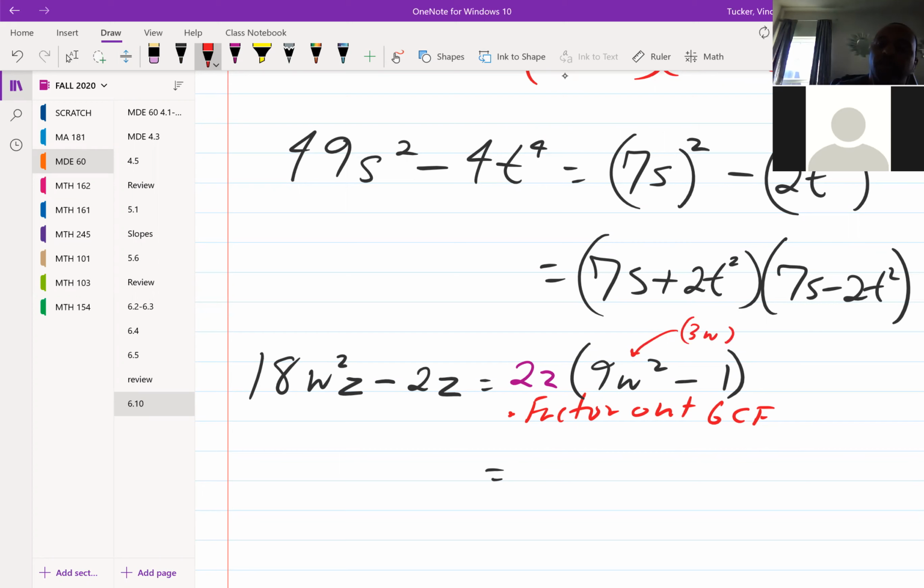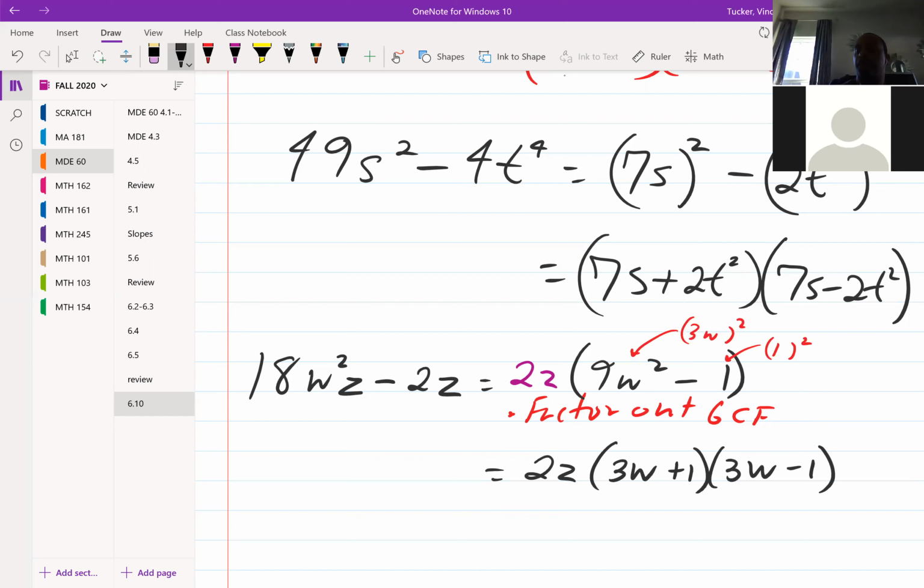That's 3w squared. And then 1 is just 1 squared. So my complete factorization, that 2z is a part of your factorization. 3w plus 1, 3w minus 1. Questions so far?